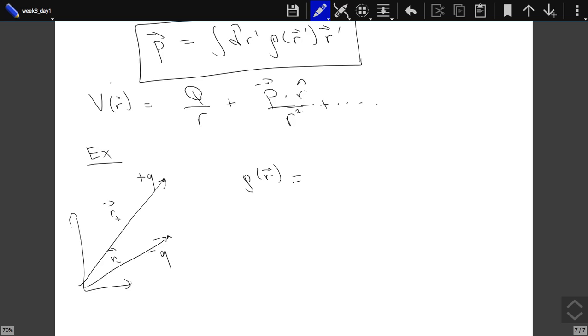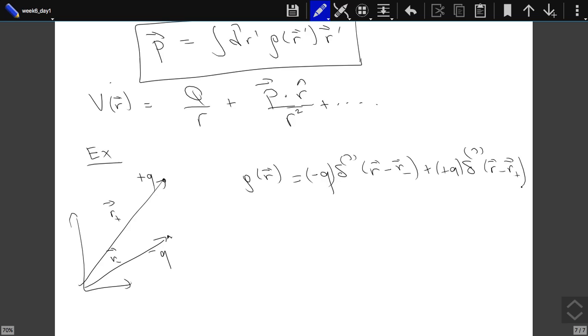At the point r, well, it is almost always 0, except on 2 points. Well, we have one charge at r minus of magnitude minus q. We have another charge plus q at the point r plus.